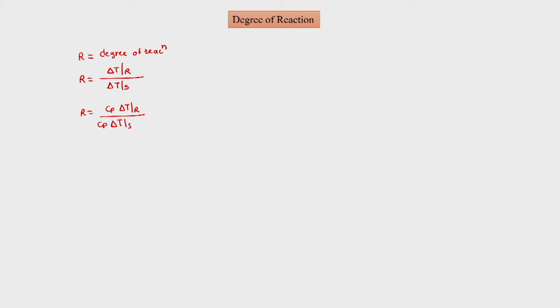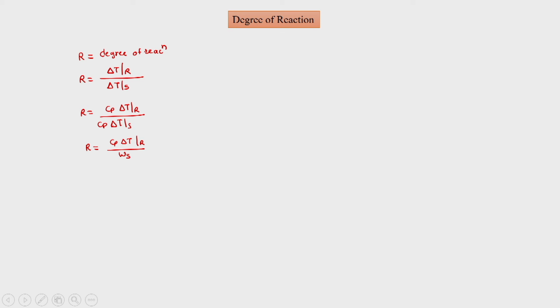We have seen that static and total temperature changes would be identical, as we saw in the case of the compressor. So R here is Cp into delta T of the rotor divided by the stage work.